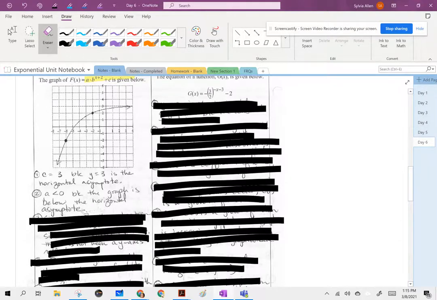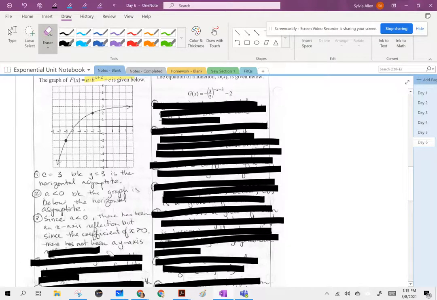Let's see if you were able to see that the A value is negative because it's below. Since A is less than 0, there's been an x-axis reflection, but not a y-axis, because in this form, there was no given reflection. So basically, there's only been one reflection.